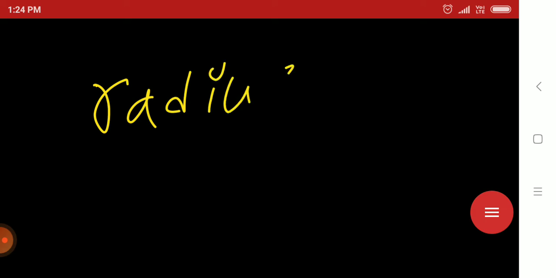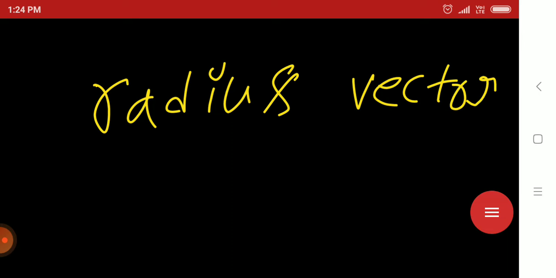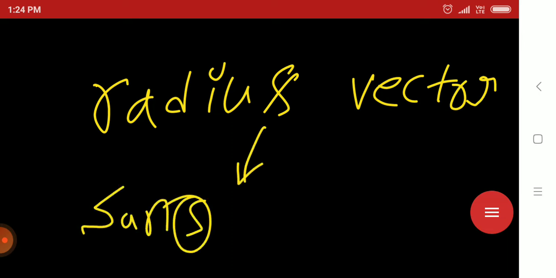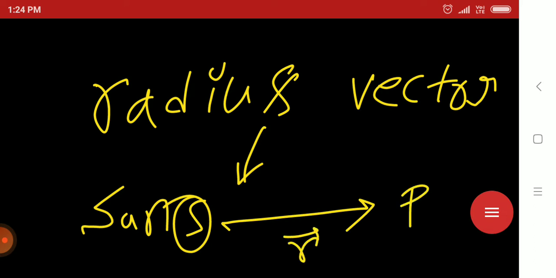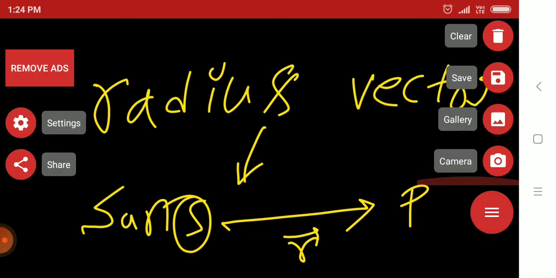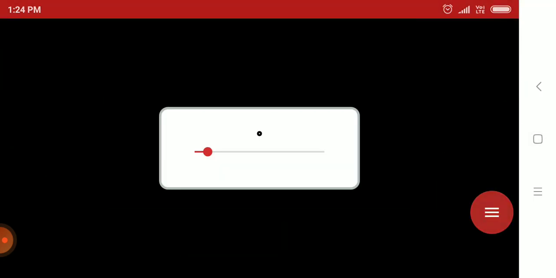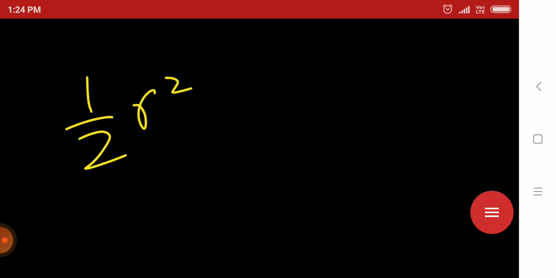Kepler's second law of planetary motion states that if I draw a radius vector from the sun, here it is S, to the planet, it will sweep out equal areas in equal time. That is the aerial velocity. We discussed in our previous classical mechanics video what aerial velocity is: half r square theta dot.